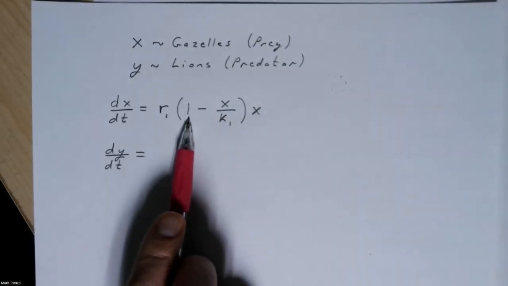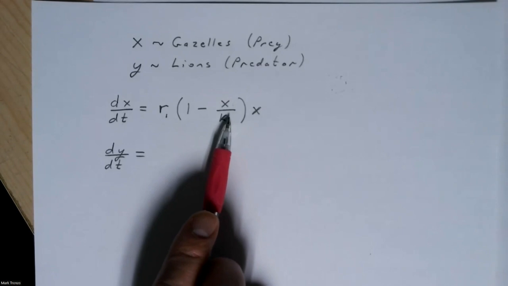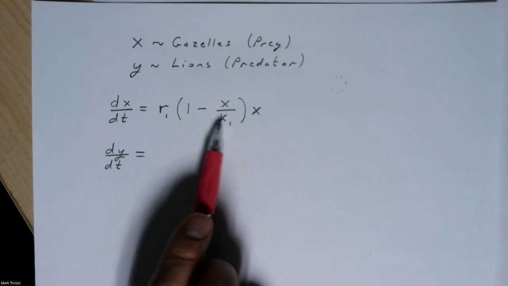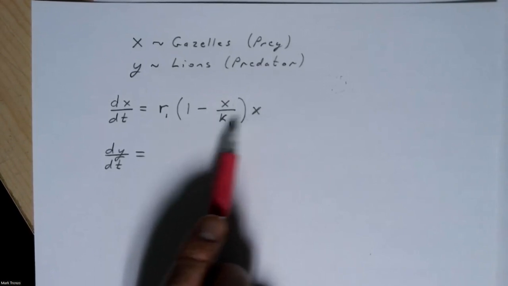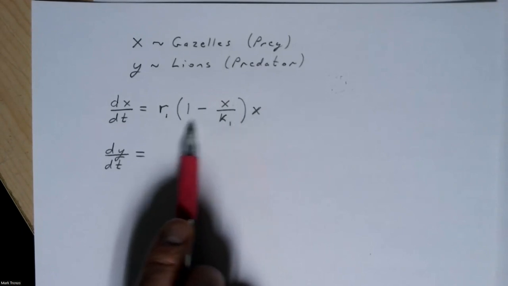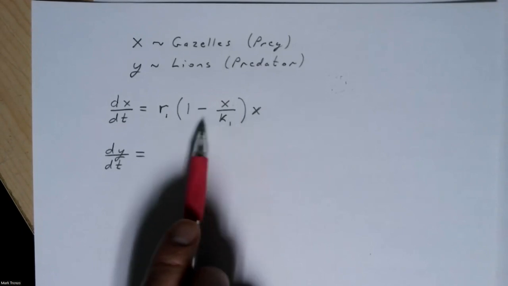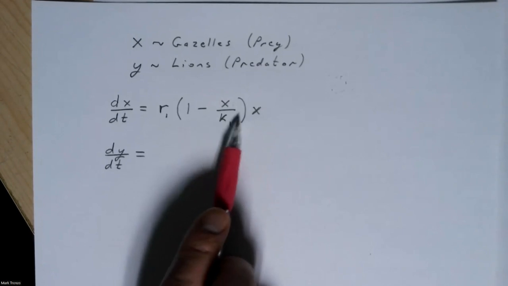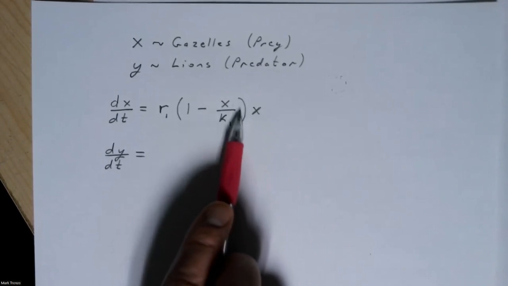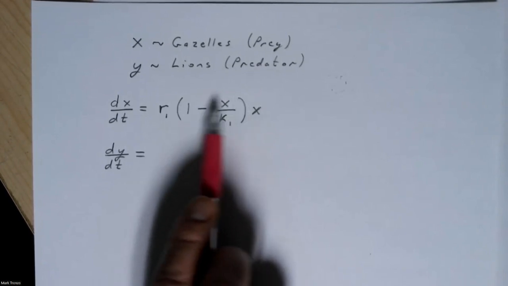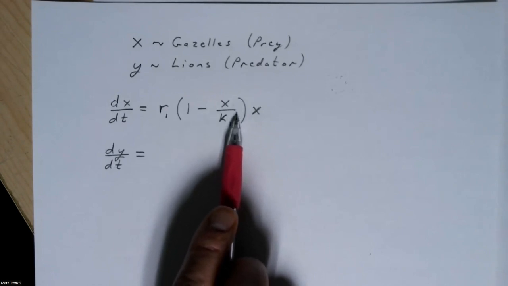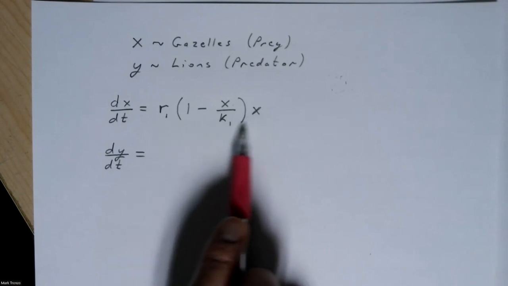And then 1 minus that number is going to get close to 0. So our rate of increase is going to be very low. As you get closer to the maximum capacity, this logistic term will end up getting closer to 0. Then your rate of increase will be very low, or maybe even 0.